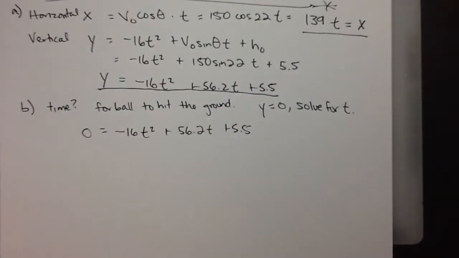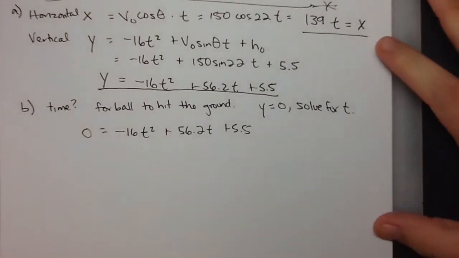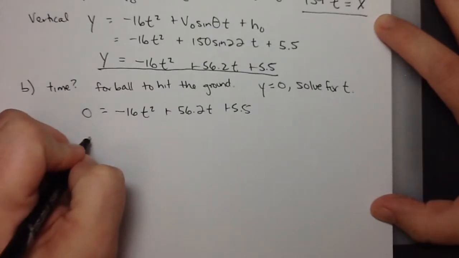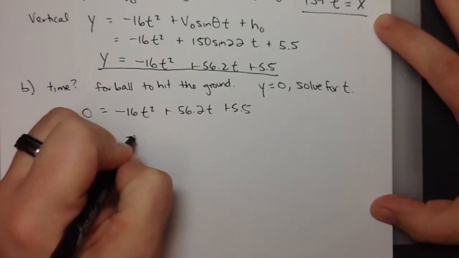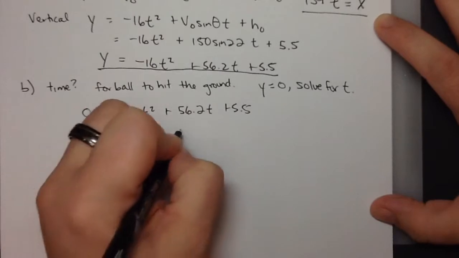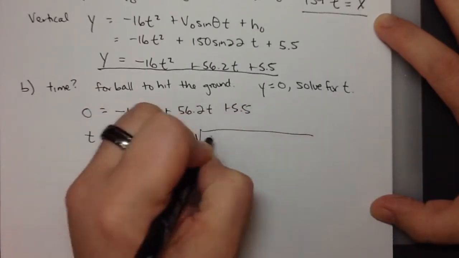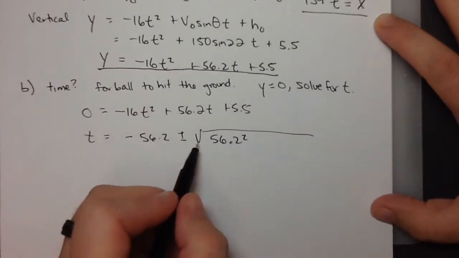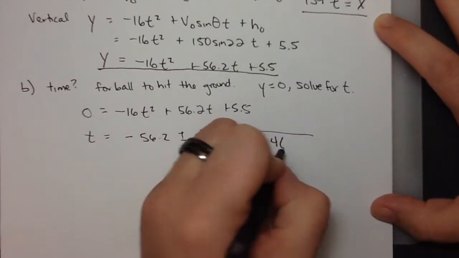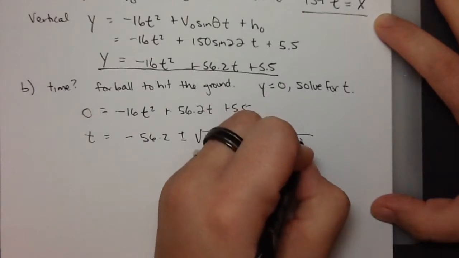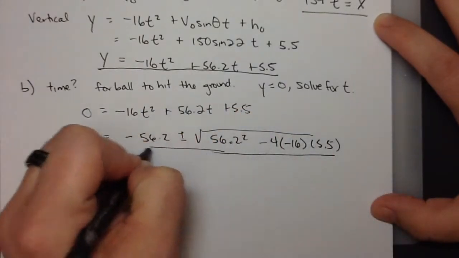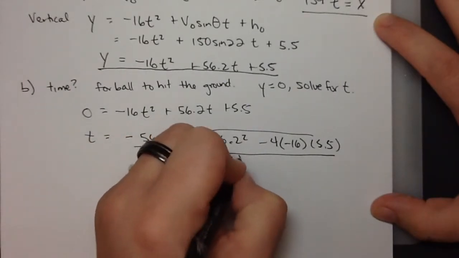Now this is your opportunity to use the solver on your calculator or to use your old friend, the quadratic equation. So I'm going to use the quadratic equation. t equals negative b plus or minus the square root of b squared minus 4 times negative 16 times 5.5, all over 2 times negative 16.